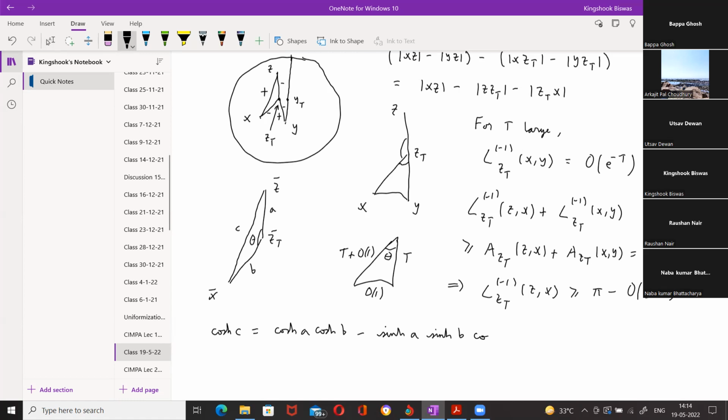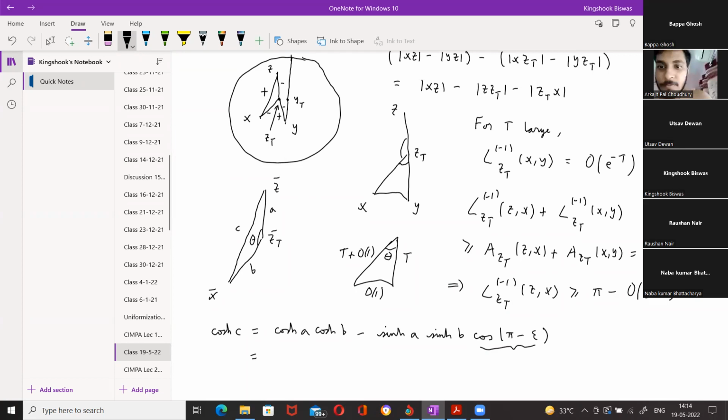And this theta will be basically pi minus some small epsilon. So then cos of pi minus epsilon becomes minus cos epsilon, which is close to 1.